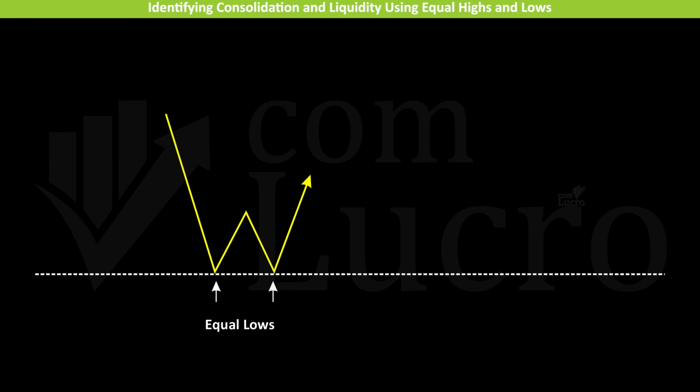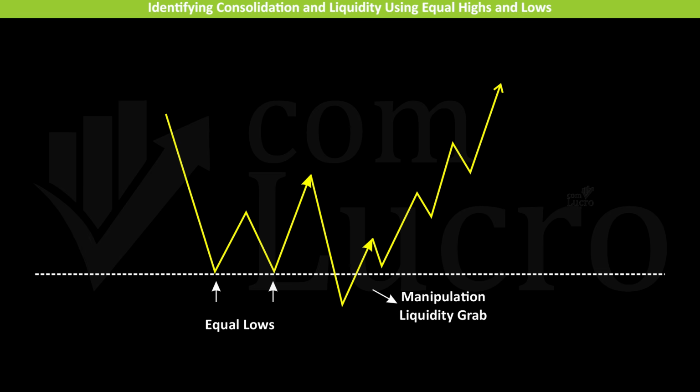From there, wait for a liquidity run below those equal lows. When price returns back inside the range, it confirms that the breakout was only manipulation. What typically follows is a continuation move in the direction of the higher time frame bias, allowing you to align your entries with both structure and context.